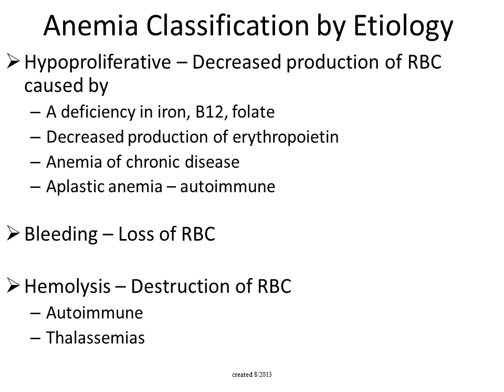Anemia is classified by its etiology. So we have anemia that comes from a hypoproliferative disorder. That means that the marrow cannot make enough red blood cells. So anemia, because we don't have enough red blood cells.